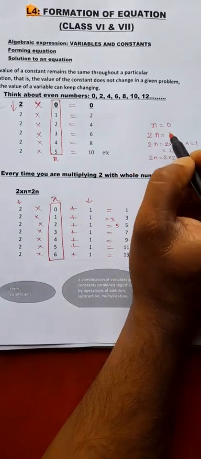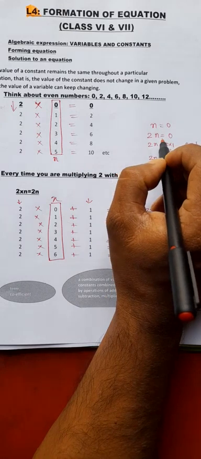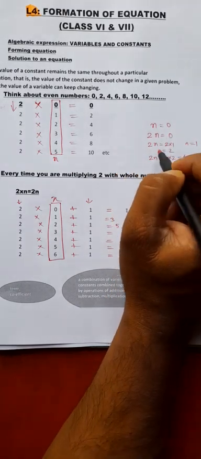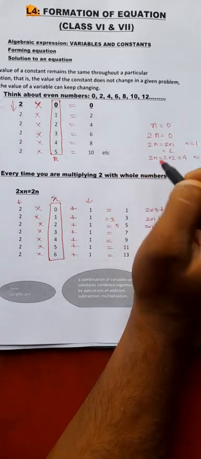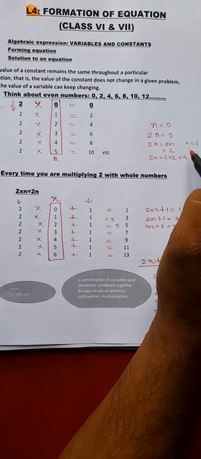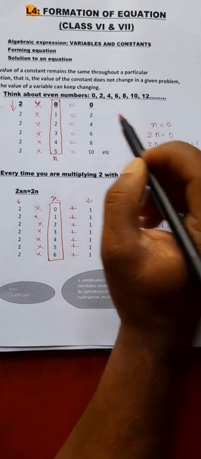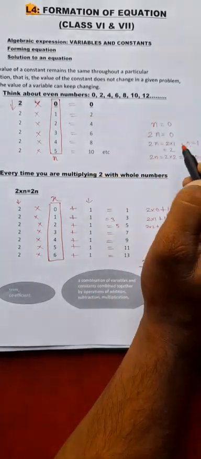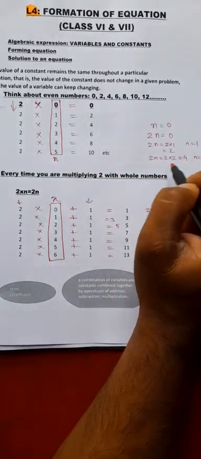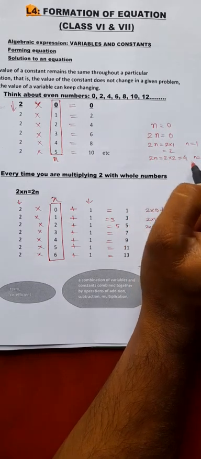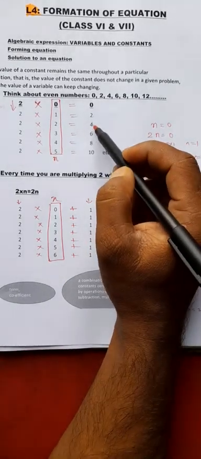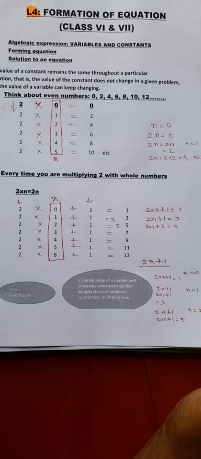So when you consider n equal to 0, 2 into n means 2 zeros are 0. When you consider n equal to 1, 2 into n is 2 multiplied by 1 equal to 2, and you get the second even number. When you consider n equal to 2, 2 into n is 2 2s are 4, that means you get the third even number, and so on.